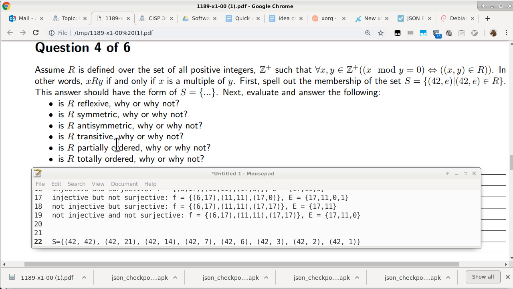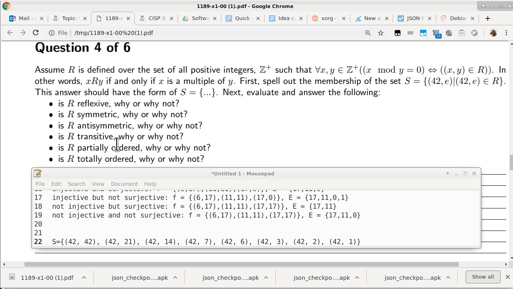The answer is yes, it is partially ordered, because what does it take to be partially ordered? It has to be reflexive, antisymmetric, and transitive. This R turns out to meet all 3 requirements. Do I expect you to remember all those definitions? No. Do I expect you to know where to find in my notes where those definitions are? Yes.